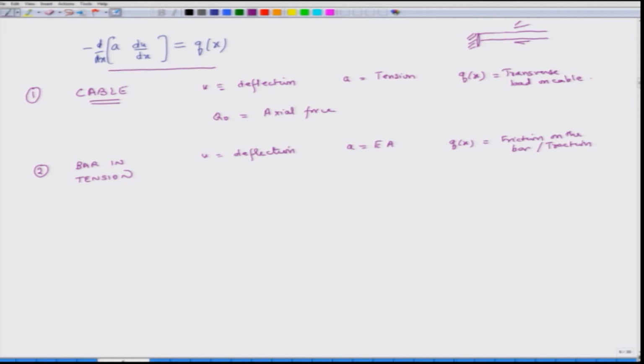So, that is what q of x means. And this big Q, Q naught, is axial force. So, these two cases are from the area of solid mechanics. Now, we will go to heat transfer. So, this is heat transfer, this is the third area.